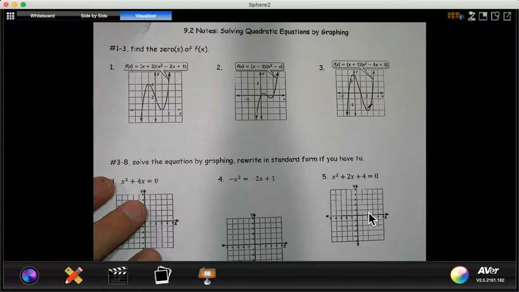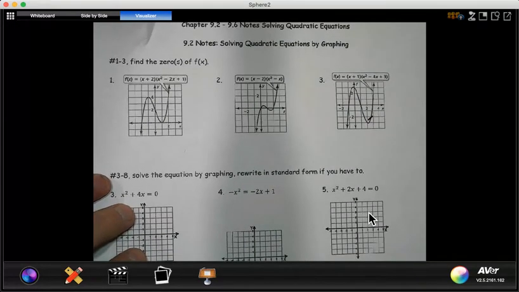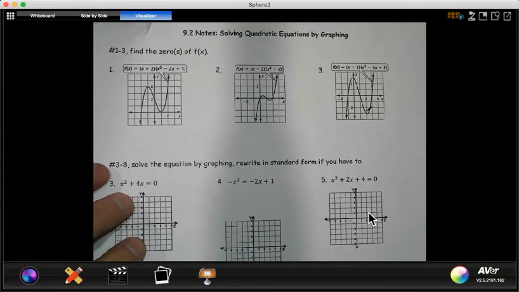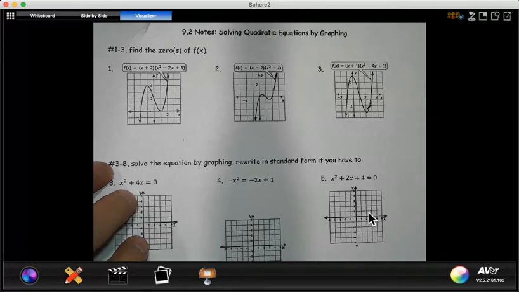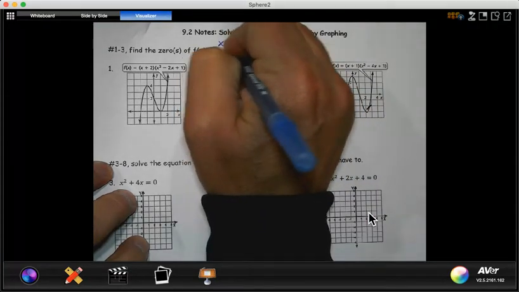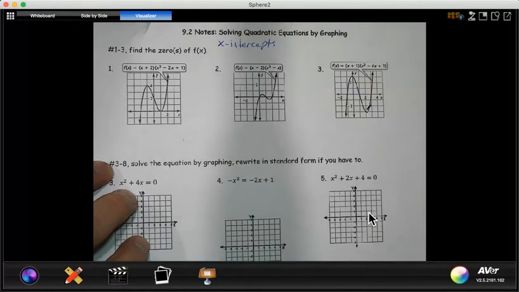9.2. We skipped 9.1 until later, but these are the notes for 9.2, solving quadratic equations by graphing. To solve an equation by graphing, you're actually looking for the x-intercepts.